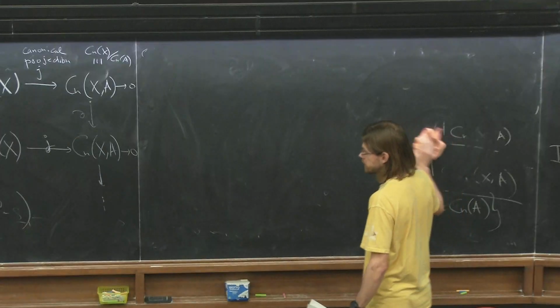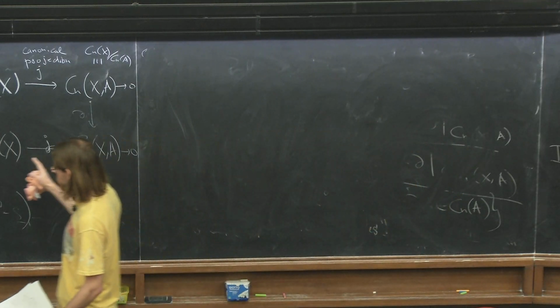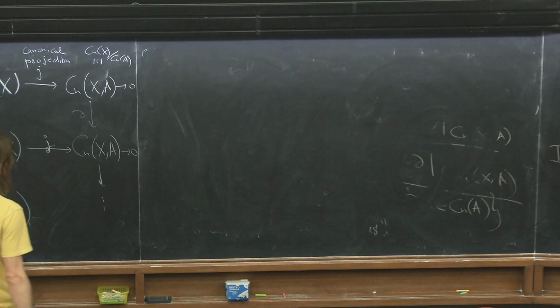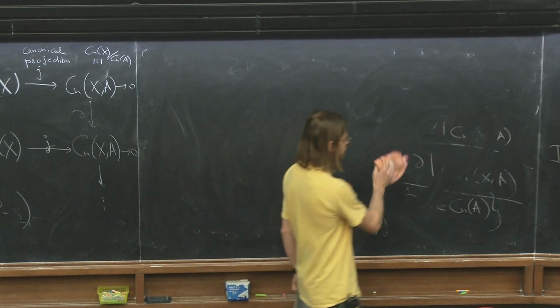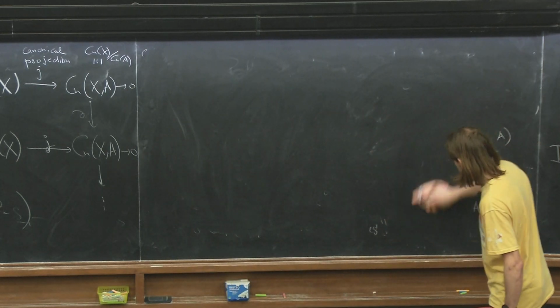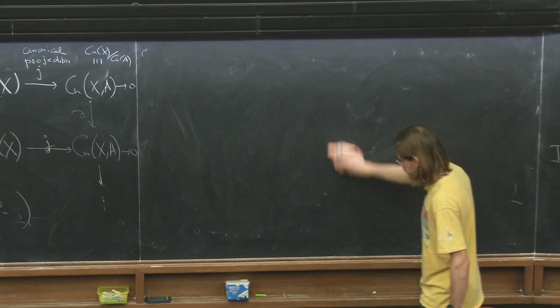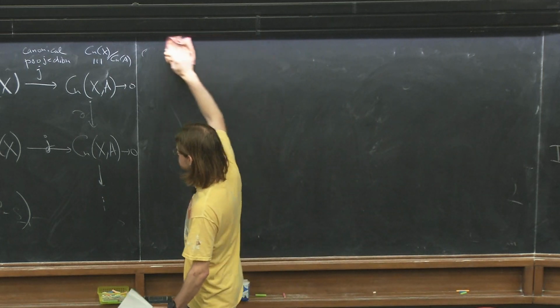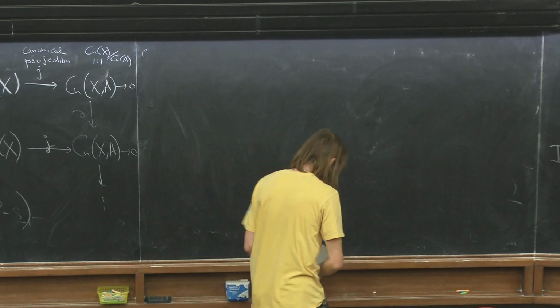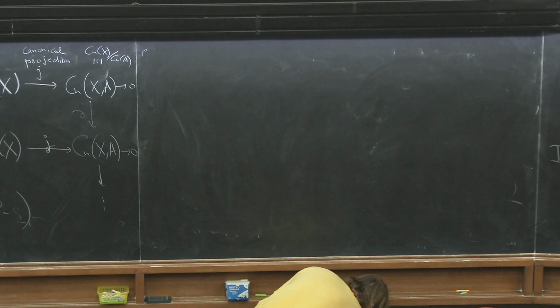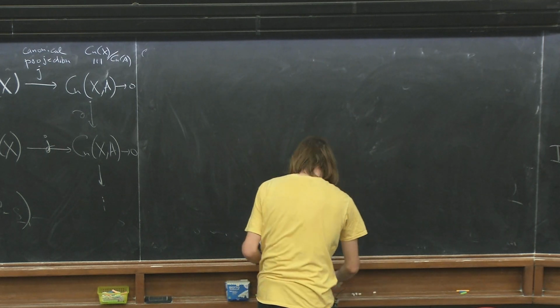And in each fixed degree, they form a short exact sequence of abelian groups. And so this kind of algebraic structure is what actually will be important for us.